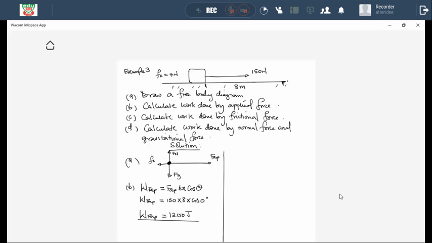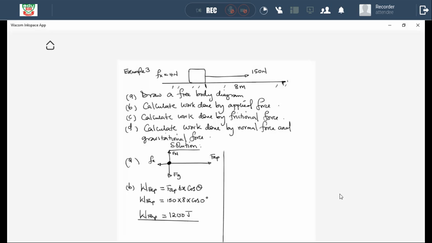So what it means is the block which is being pulled has gained 1,200 joules. That's the interpretation of the answer there. So whether I say calculate work done by force applied or calculate energy transferred to the object, we still get 1,200 joules. Because this is positive work, the object has gained 1,200 joules, right?